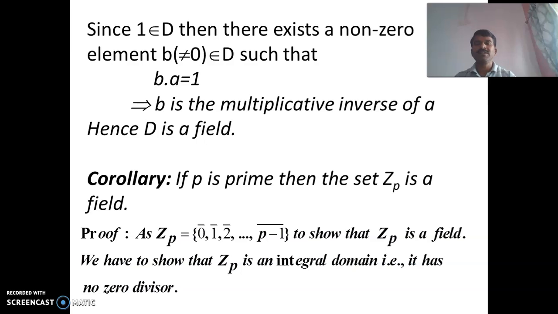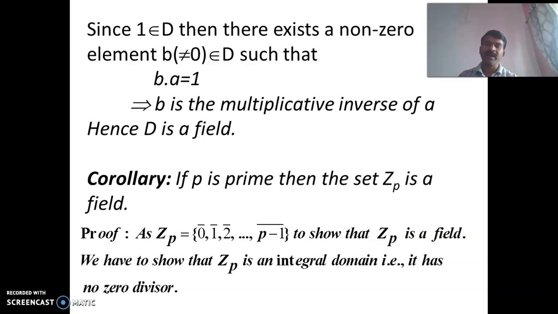Since D has a unit element, there exists a non-zero element b, also a member of D, such that b dot a is 1. That implies b is the multiplicative inverse of a. Hence D is a field.